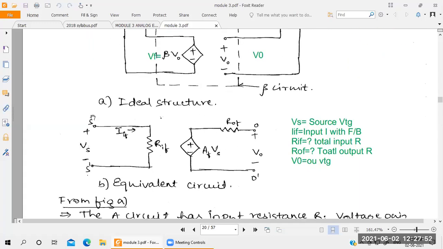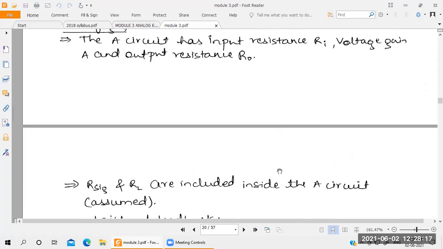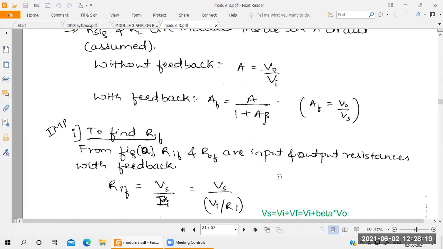Again, they have written one more equivalent circuit here. In this circuit, they have eliminated the feedback and included it with the resistance values, that is RIF and ROF. RIF means the input resistance with feedback. ROF means output resistance with feedback. AF means amplifier with feedback. Like that they have written. So the main thing is we want to find out RIF and ROF.